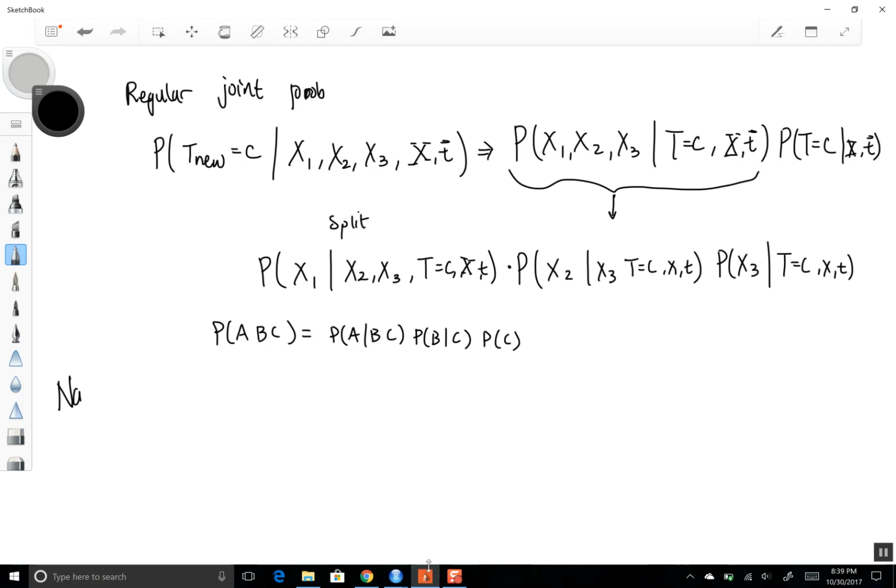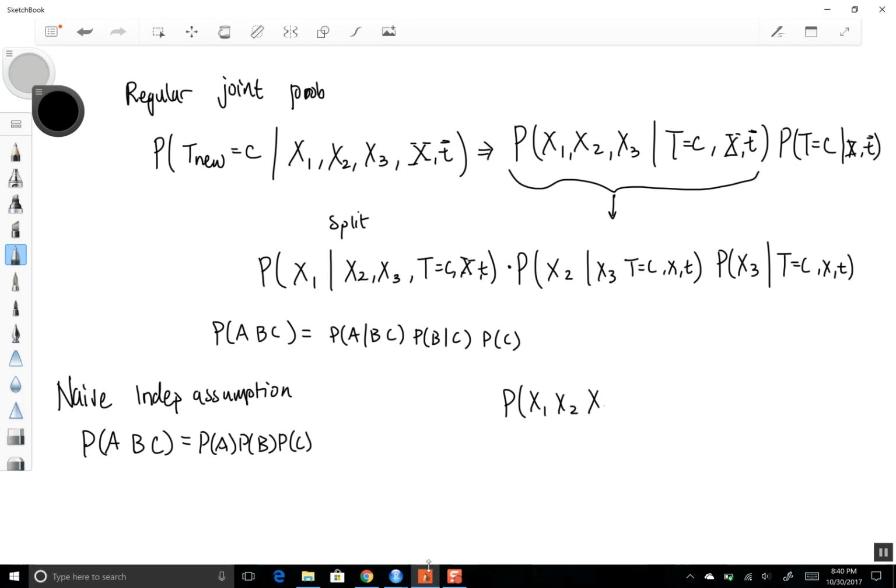With a naive independence assumption, the probability of A, B, and C just becomes the probability of A times the probability of B times the probability of C. So this part right here, the probability of x1, x2, x3 given t belongs to class C in our training data, becomes a lot easier.